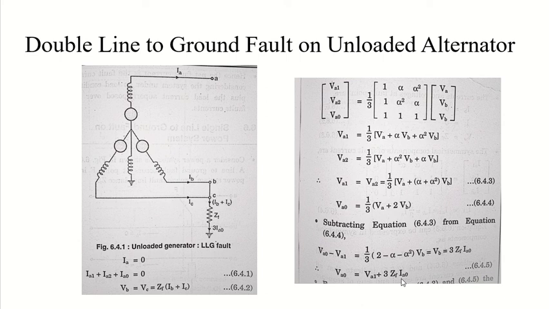You can simply find the value of all three components, and from these equations, the equation of my VA0, zeroth component voltage, equation of my first component, positive component voltage, and the fact that the system is completely balanced, so there is a same flow of all three sequence of currents, IA0, IA1 and IA2.